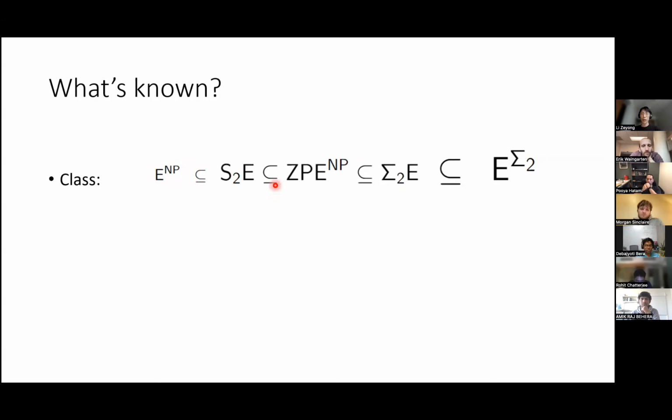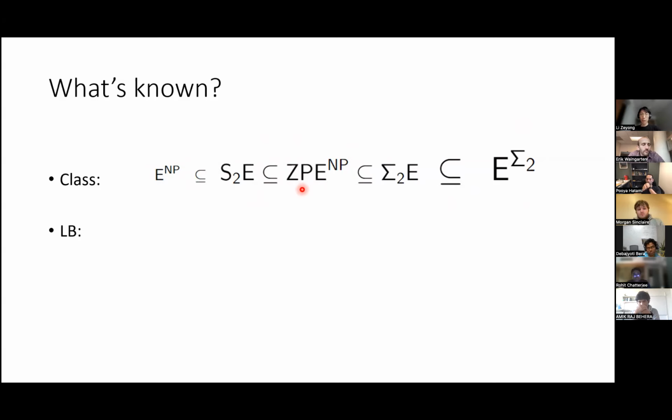In the middle, we have ZPE to the NP, which is the exponential version of ZPP to the NP. And likewise, we have Sigma_2 E and E to the Sigma_2. And there's also a funny class S_2 E sitting here. For the purpose of this talk, don't worry too much about this class. It suffices to know that it sits in between E to the NP and ZPE to the NP.